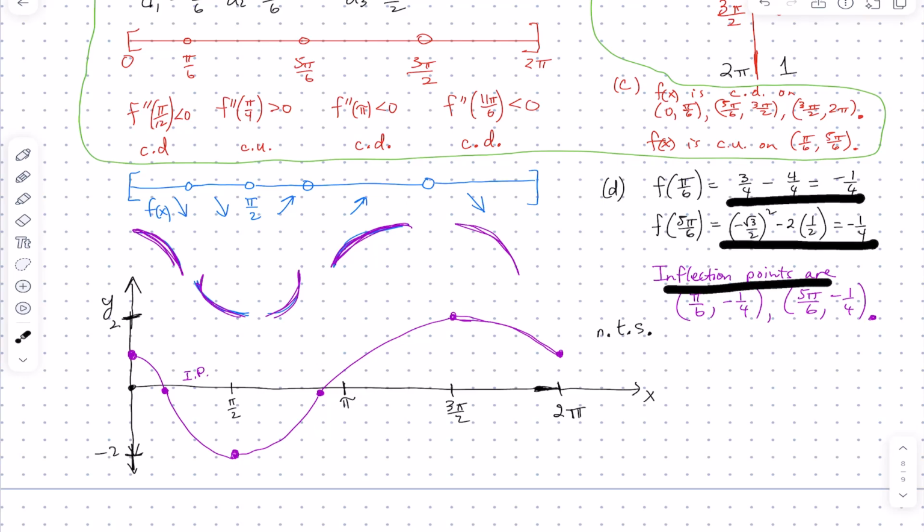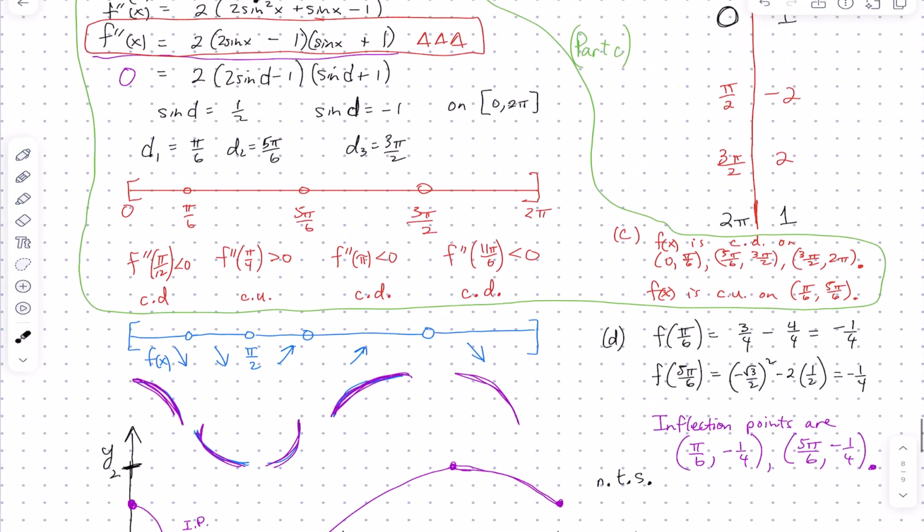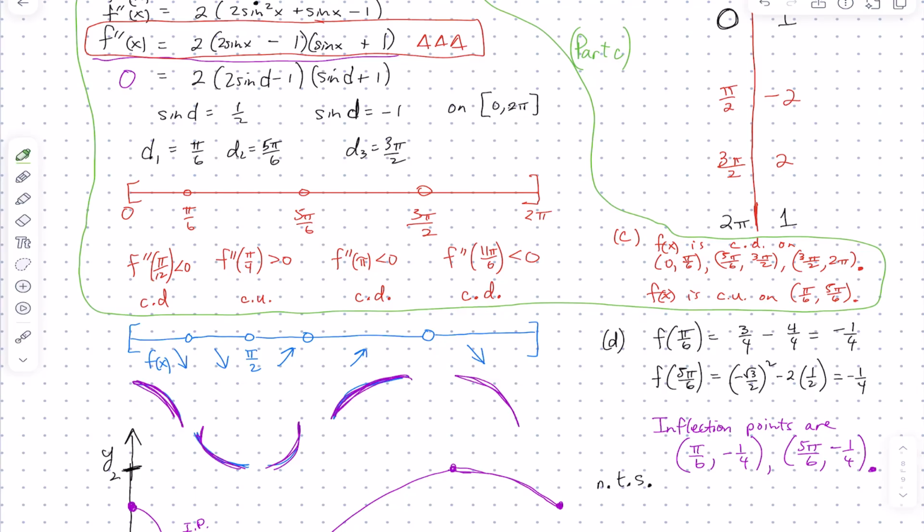So inflection points are ordered pairs, and there they are. You might want to keep track of these ordered pairs and put them in a t-chart. So you could put them back up here in a t-chart. You could actually put pi over 6 here, and then write negative 1/4.